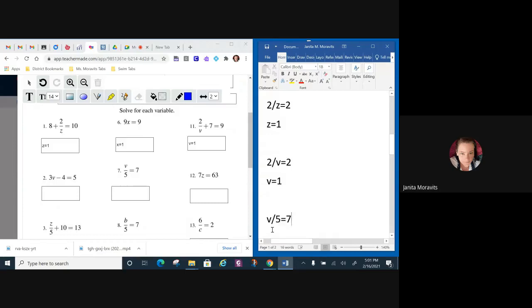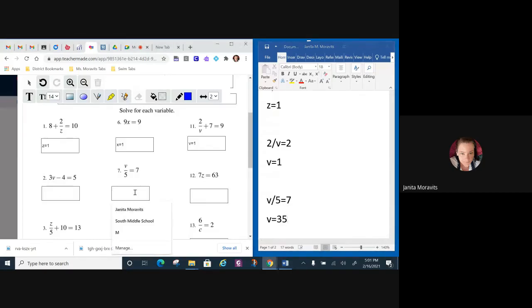So if we multiply 5 times V over 5, the 5's cancel out, and you are left with just a V. And that's going to equal, well, we had to multiply it times 5, so we're going to multiply this times 5 as well. And 7 times 5 is 35. So you're going to come right over here and you're going to say V equals 35.